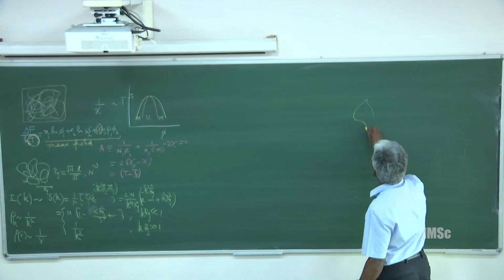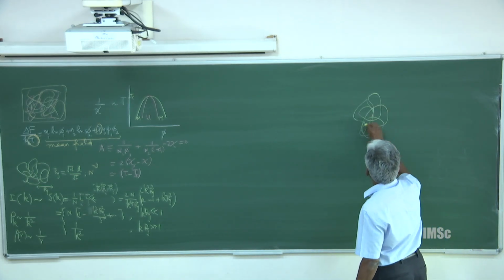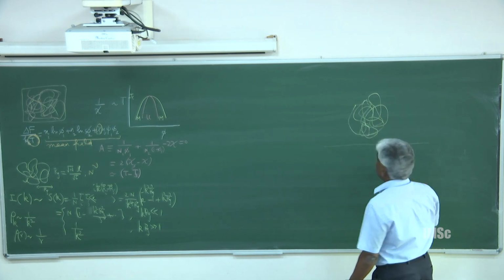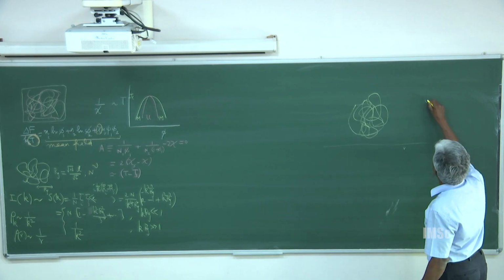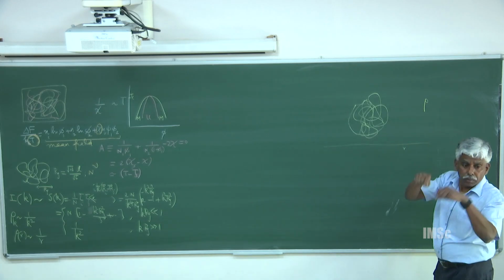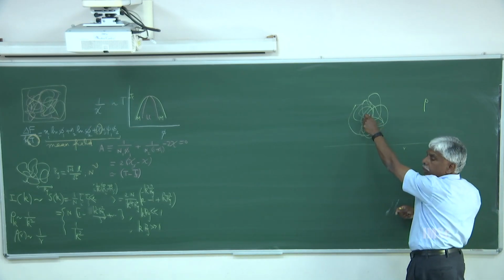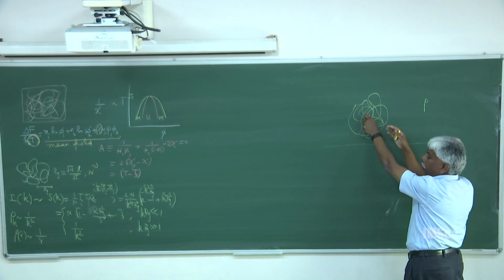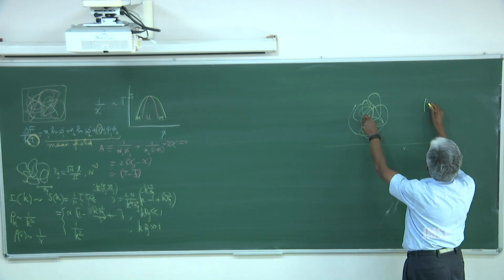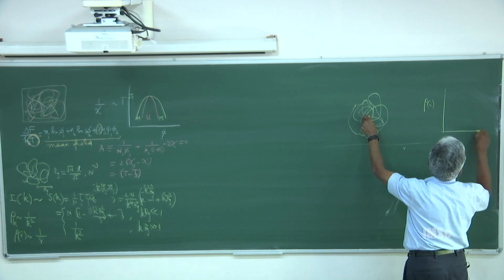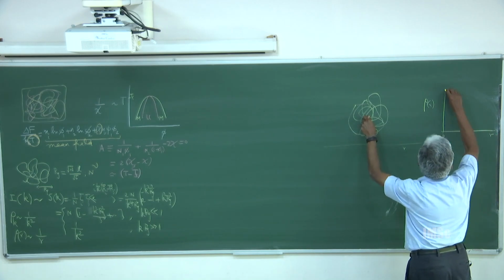So, if I have a chain like this, and let us say this is the radial distance r. If I plot the monomer correlation function, where I choose one monomer here, what is the probability I am going to find another monomer at a certain radial distance r? If I plot this, it is going to go like this.